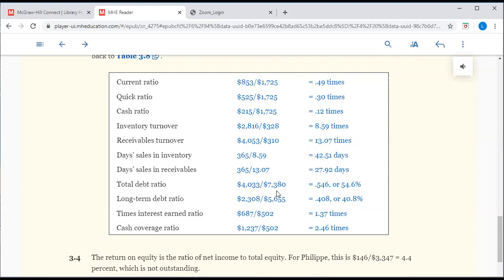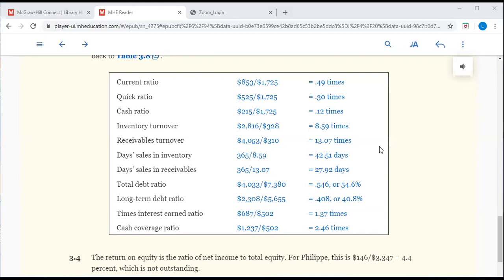The next calculation is the long-term debt ratio, where we take our long-term debt and divide it by long-term debt plus total equity.